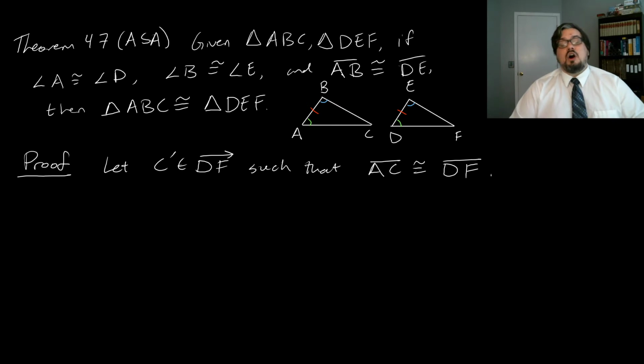We know this is always possible by the segment construction theorem, although we will often not specify that. Now, what we want to show is that this C prime actually has to equal F.